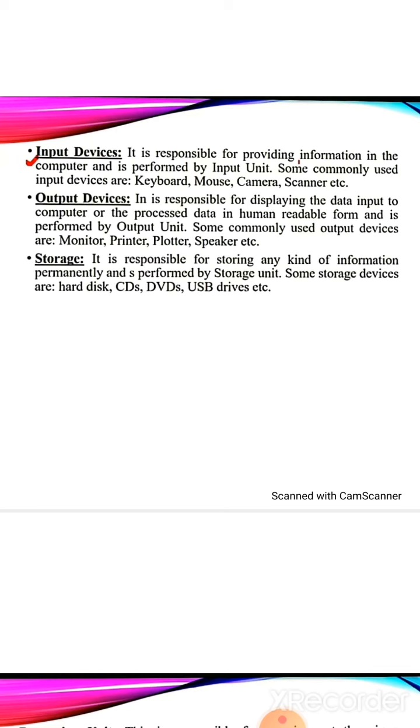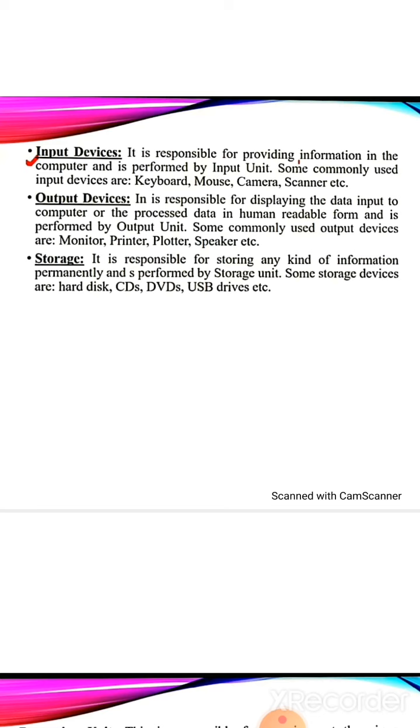Well, today in class, we will start from the last topic, the one left in the previous video: input devices.